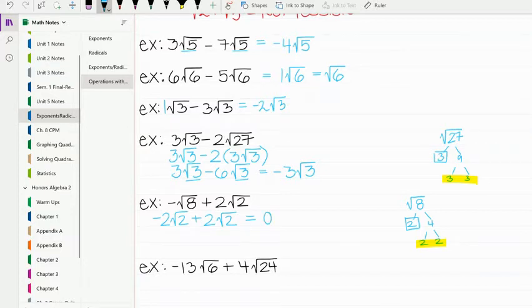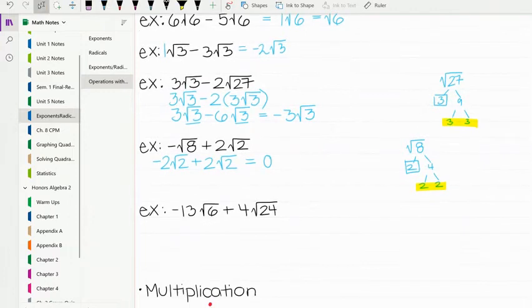Okay, and then lastly, our last subtraction problem is this one. Once again, we're kind of stuck. We can't combine them, but we want to see if we can simplify. Now, root 6 I cannot simplify, but maybe I can simplify root 24, so it has a root 6. So this would be 2 times 12, and 2 times 6, and 2 times 3.